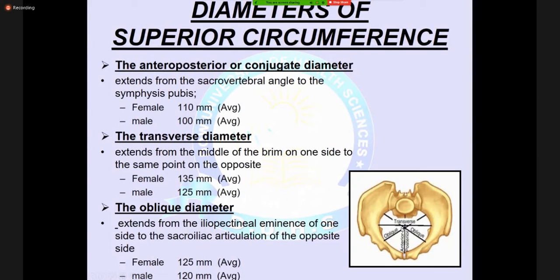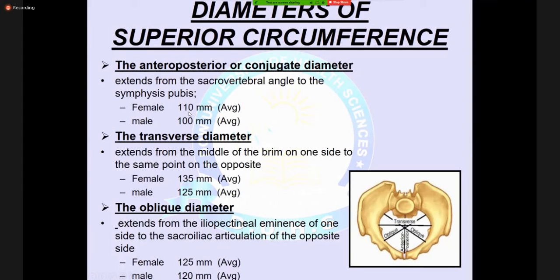Now, if you see the figures given in this slide, you would notice that in all dimensions, the female diameter is greater than the male diameters. Look at the conjugate diameter or the AP diameter.